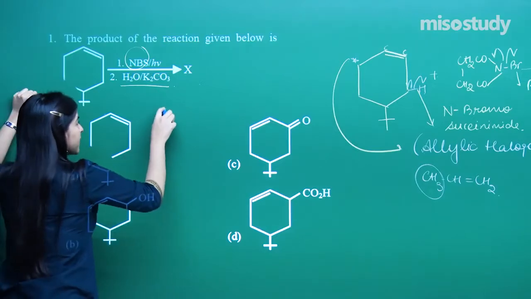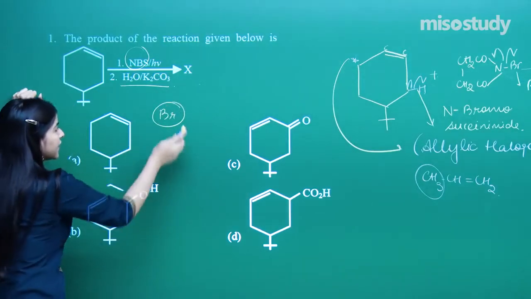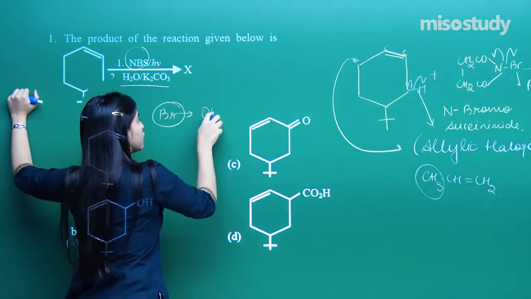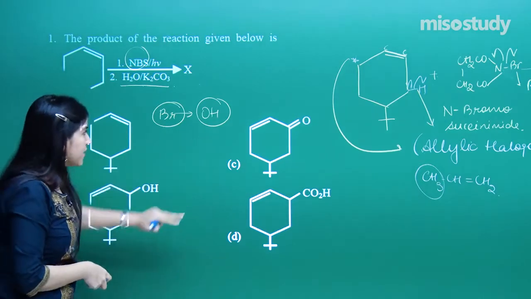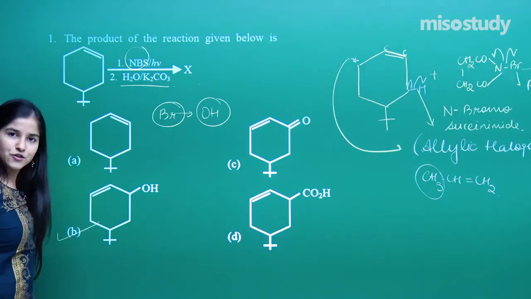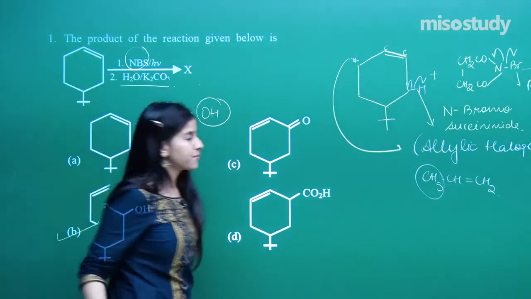So the bromine which gets attached somewhere will definitely be replaced due to this second step, into OH. OH will be substituted instead. That means out of all, we definitely have this as the correct option. So let us observe how we get this option.